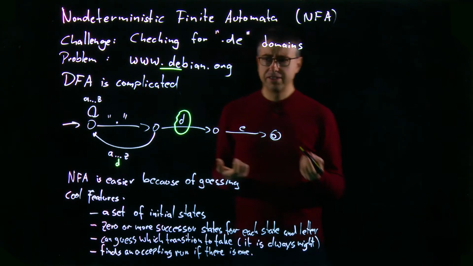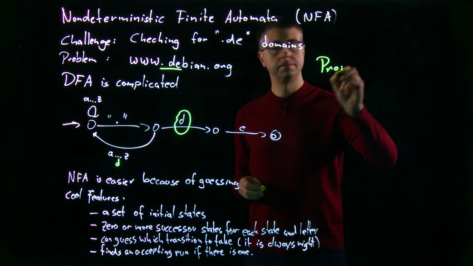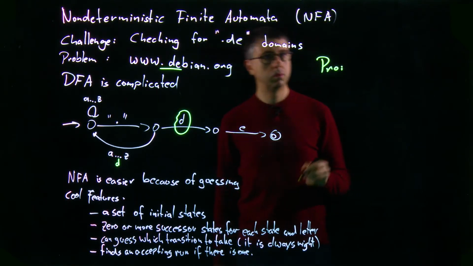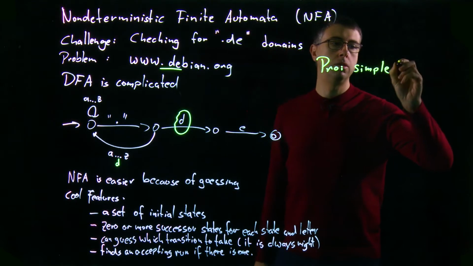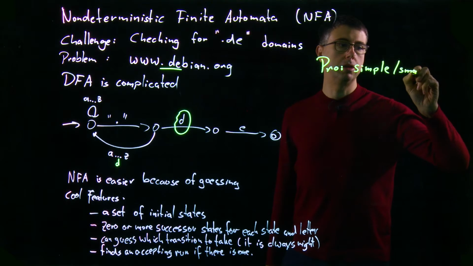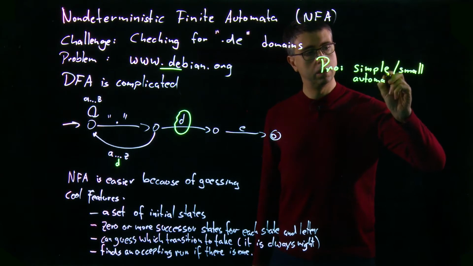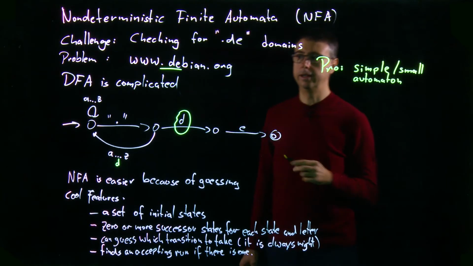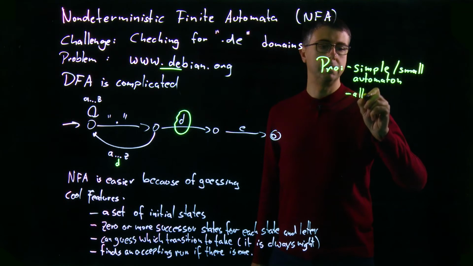The NFAs have some pros and some cons. The pro is that it's simple. In many cases, it's a simple and small automaton compared to a DFA. And it allows for simple constructions.